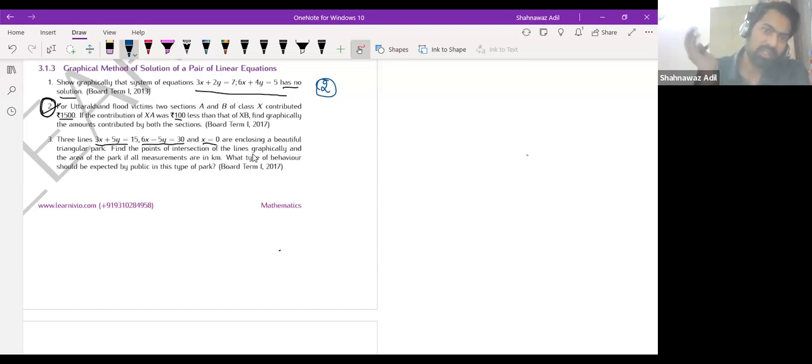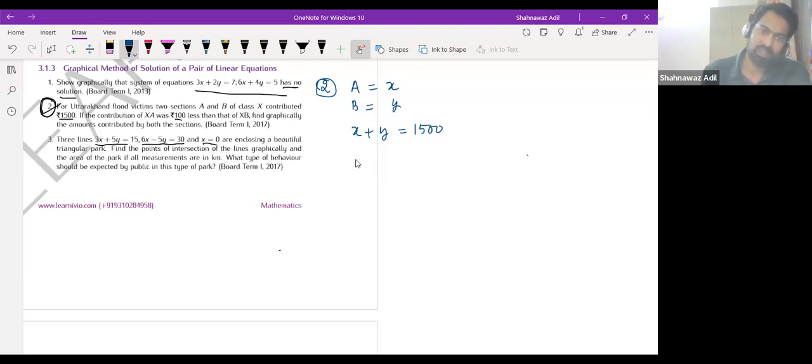So the first equation would be what? Let's say A contributes X and B contributes Y. So X plus Y is how much? 1500, right? And the contribution of 10A was 100 less than that of B, right?